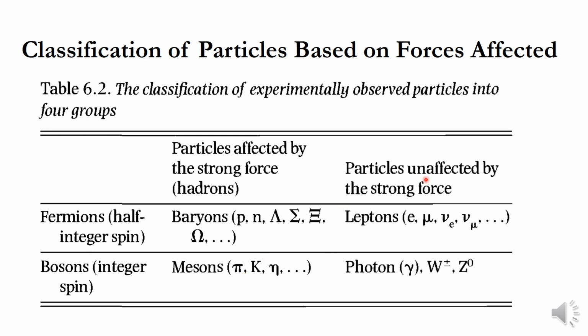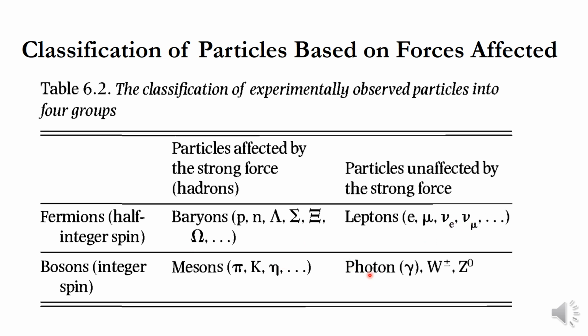And the particles unaffected by the strong force are again of two categories. There is no common name for them. The fermionic particles which are unaffected by the strong force are called leptons. Examples are electrons, muons, tau particles and their neutrinos.